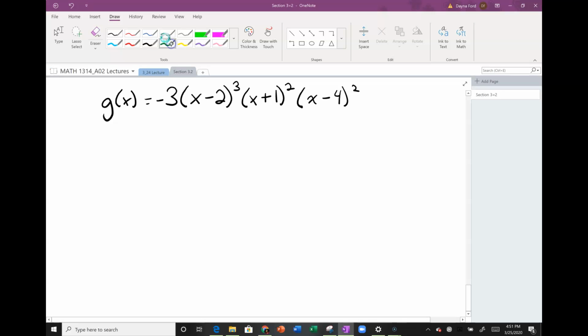So in this case, it is in factored format. Everything is multiplied together. So I have this term, here's another term, here's a term, and here's a term. So I have 4 different terms.